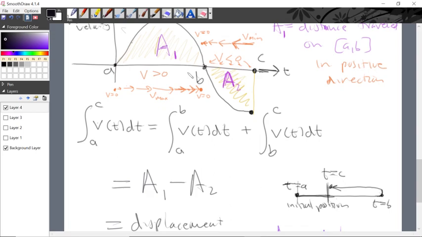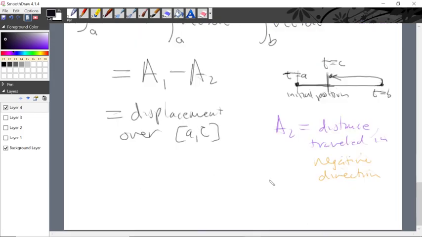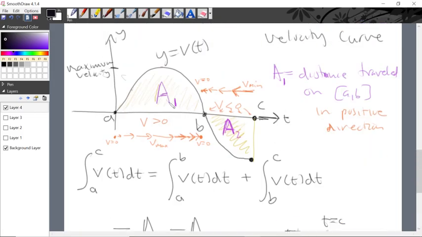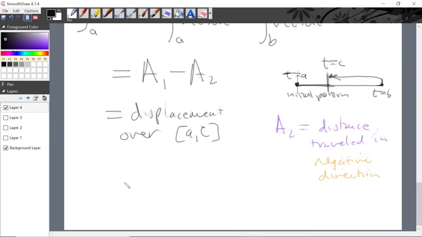And if a1 and a2 are equal to each other, that is, if these two areas are exactly the same as each other, then the object is going to end up right back where it started again. Okay? So our interpretation for this integral then is displacement.